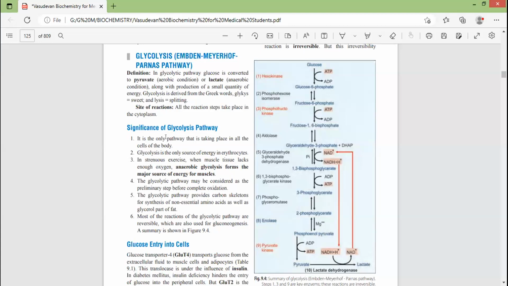For the steps, we'll just have to memorize the names of the enzymes, because there's nothing much I can say that can help you. I don't have a mnemonic, but I know that the first thing formed is glucose 6-phosphate, and at the very end, you form pyruvate.